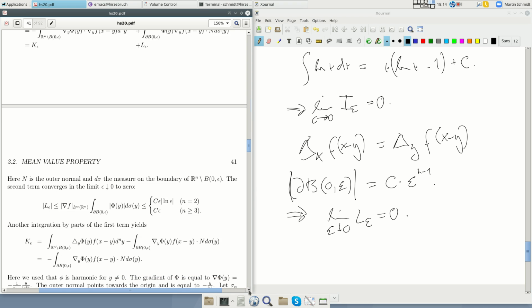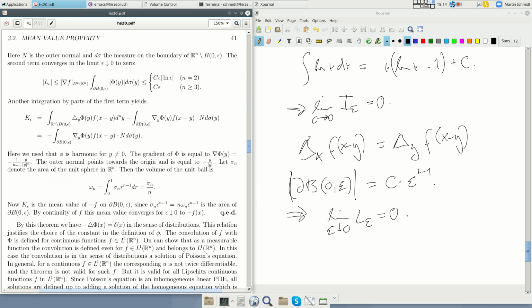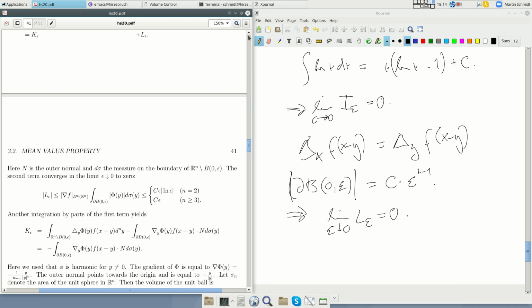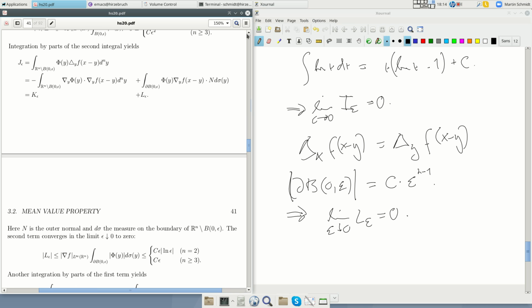So the only thing we now have to take into account is K epsilon. Now, what is K epsilon? K epsilon was defined as this term here.